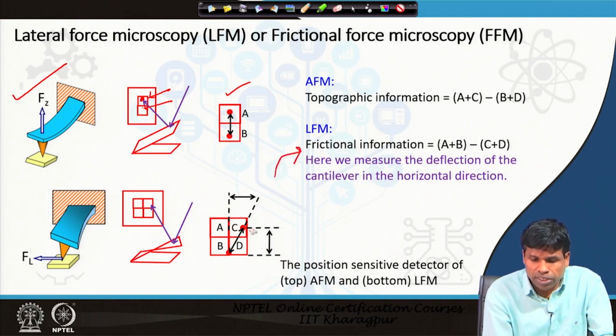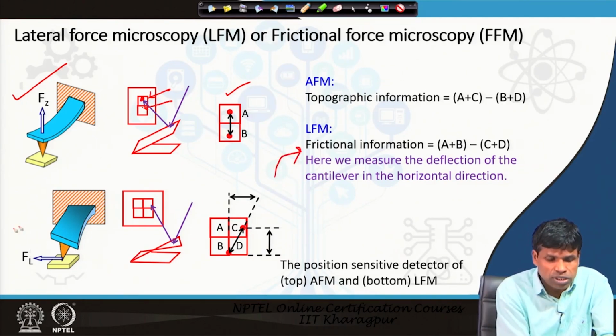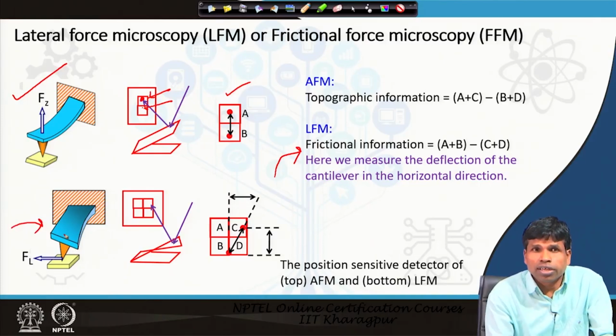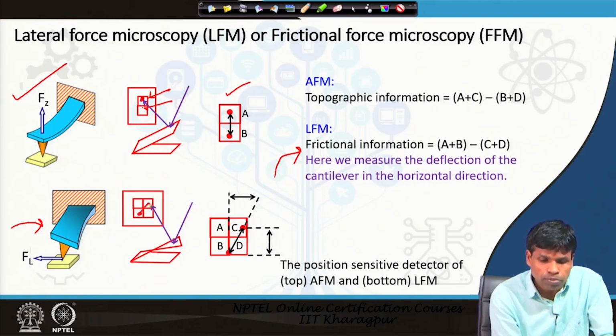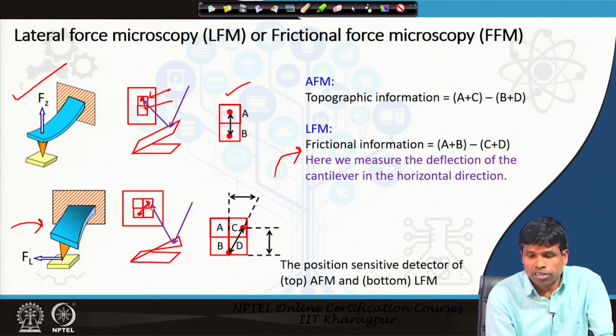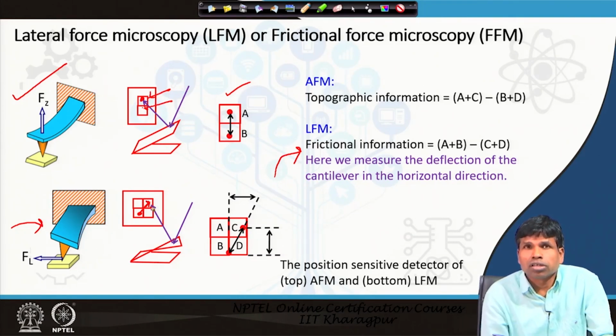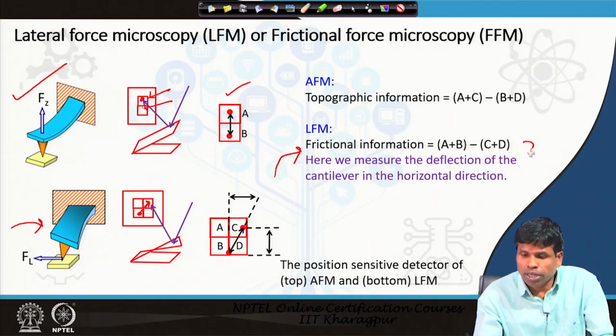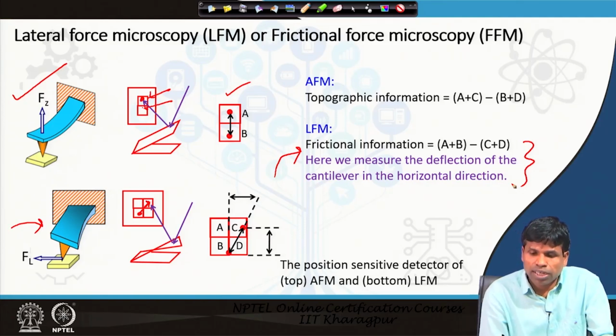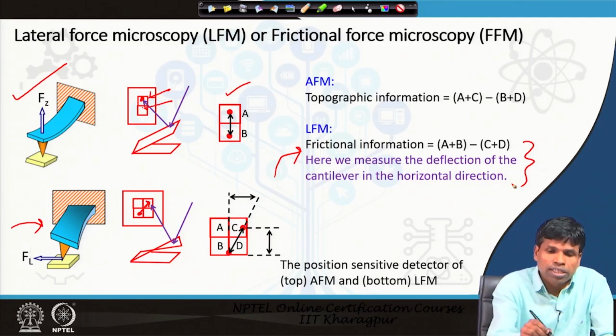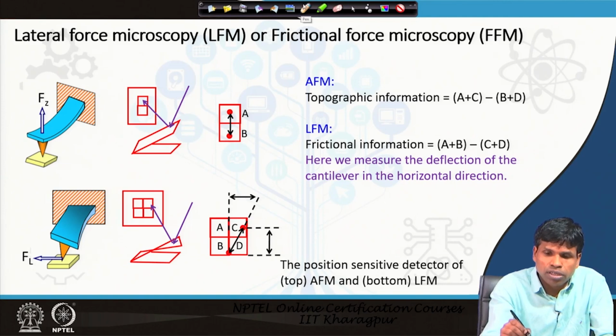Like here is a horizontal movement, as you see the tip is bending in the horizontal direction here, as the tip is bending in the horizontal direction, the reflection is not only in the upward direction, but also in the horizontal direction. So, by measuring the deflection in the horizontal direction, we are measuring the lateral force or frictional force, and this is what is done in the lateral force microscopy or frictional force microscopy.